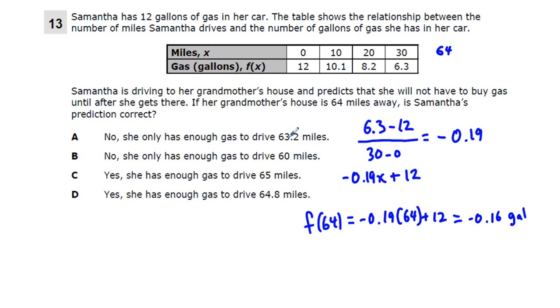So how many miles could she go? 12 times 63.2. Let's try that. f of 63.2 is going to be equal to negative 0.19 times 63.2 plus 12. Let's try that.